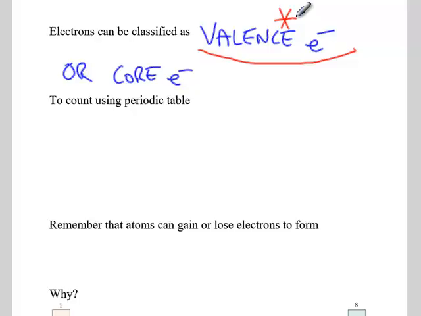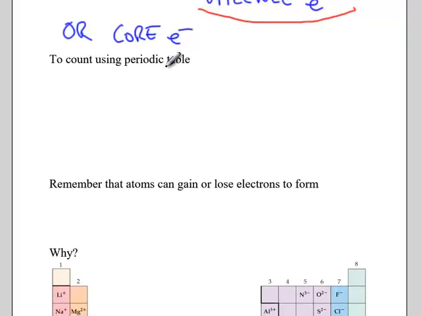We're going to do a lot in the next chapter with valence electrons. But again, nice thing, the valence electrons are given to you right on the periodic table. And we're only going to look at S block elements and P block elements for valence electrons.